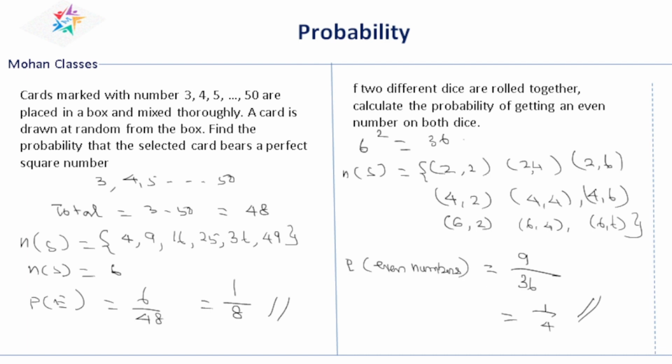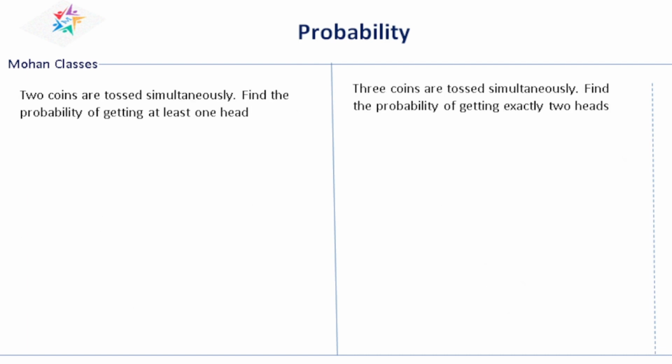Okay. Now here, two coins are tossed simultaneously. Find the probability of getting at least one head. So first we have to write n of S. Actually 2 times, right? 2 to the power of 2.